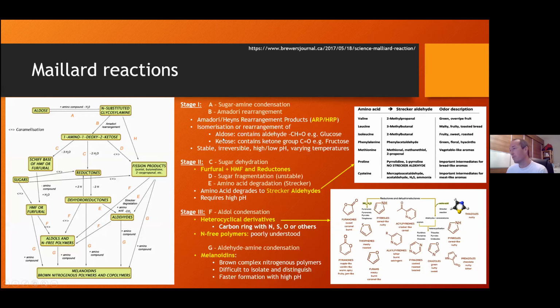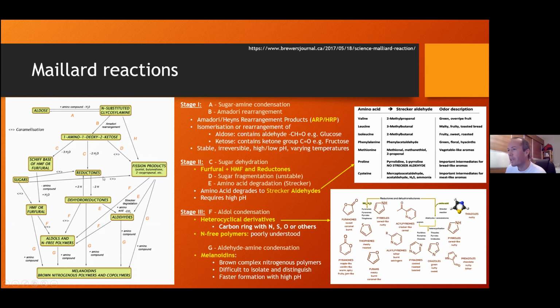You don't need to understand what this is, I learned, but you can basically say the molecules rearrange in a certain way such that they break down even further when you add water. So when you add water, you create things called reductones, and these are larger molecules. They are fairly stable. Reductones, dehydroreductones.